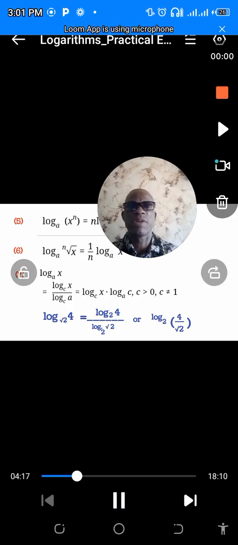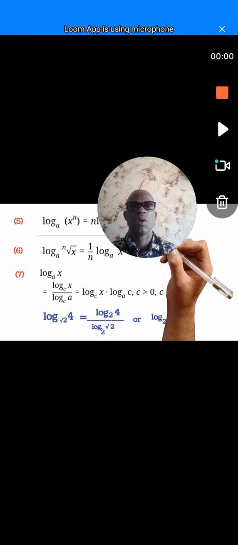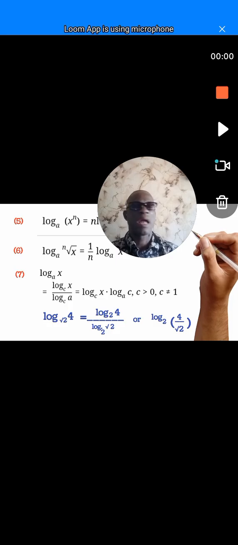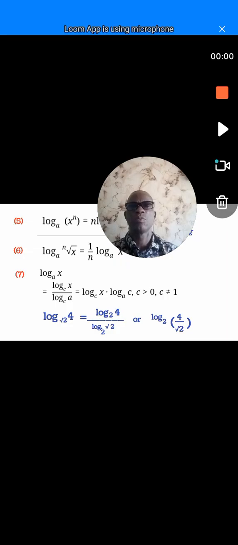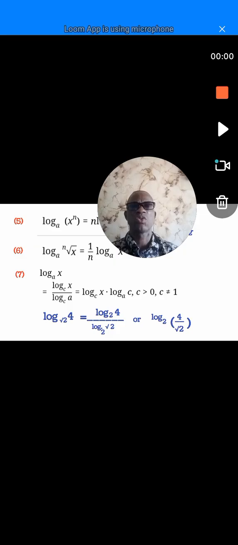That question reads: log 4 base root 2 plus log root 27 base root 9 minus log 1 over 5 base 5.